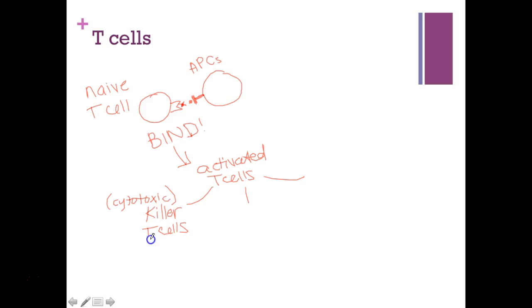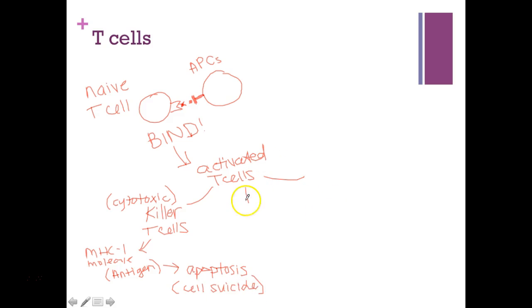But their job is to go and find those MHC1 molecules on any of our body cells that has that specific antigen. Okay, they're searching for it. As soon as they find it, they are going to cause apoptosis to that cell. Cell suicide.